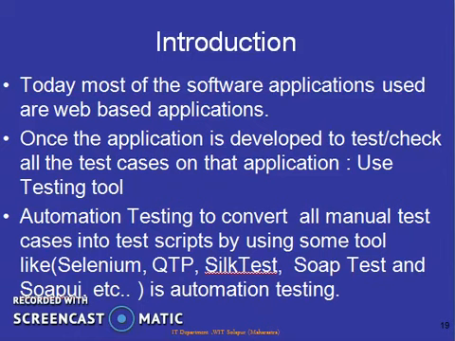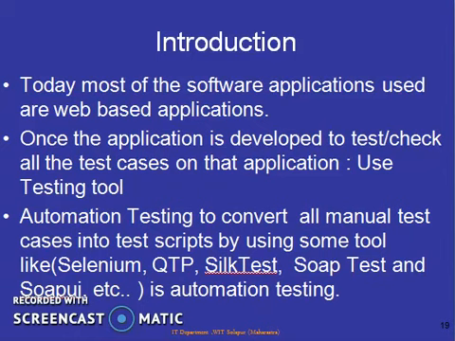Once the application is developed, to test or check all the test cases on that application, we use a testing tool. Once the test cases for the application are ready, we can use any testing tool.